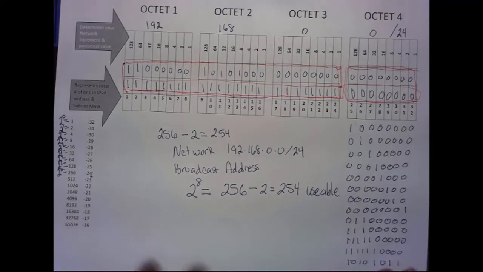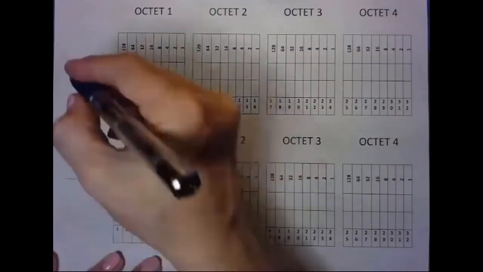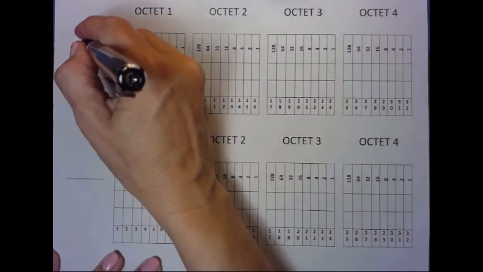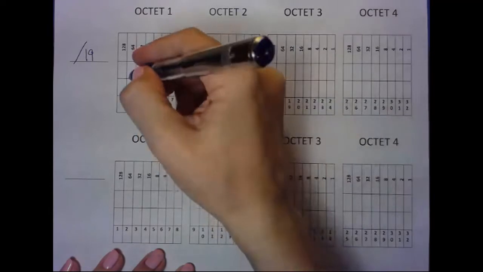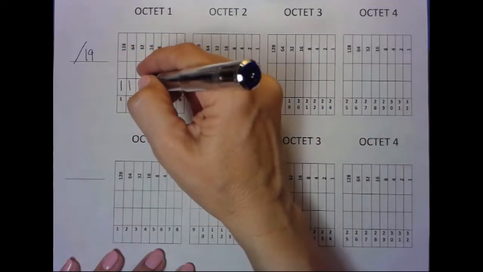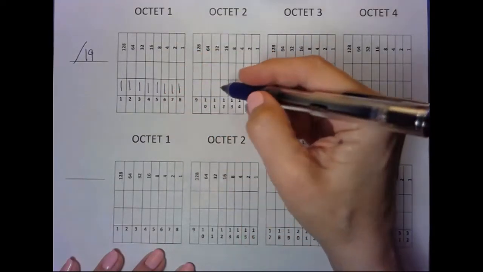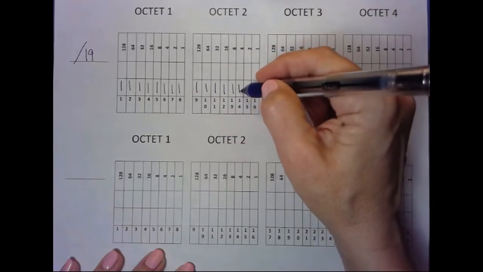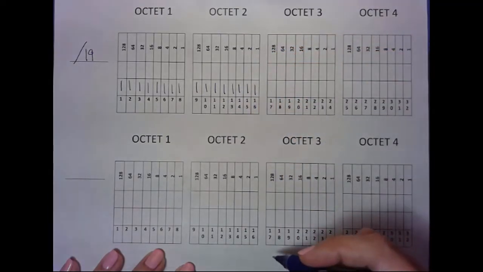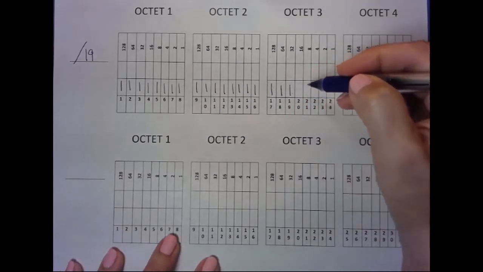Okay, let's do another one. So this time let's do a /19. Okay, so if I do a /19, I know that I need to turn on these first 8 bits. There's 8. I need to turn on the next 8 bits. So there's 16, 17, 18, 19.